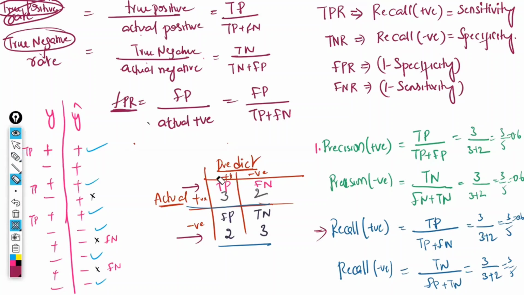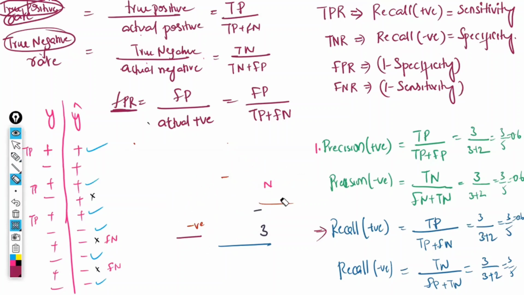So FPR is equal to FP divided by actual positives, that is FP divided by TP plus FN, which is nothing but 1 minus specificity.